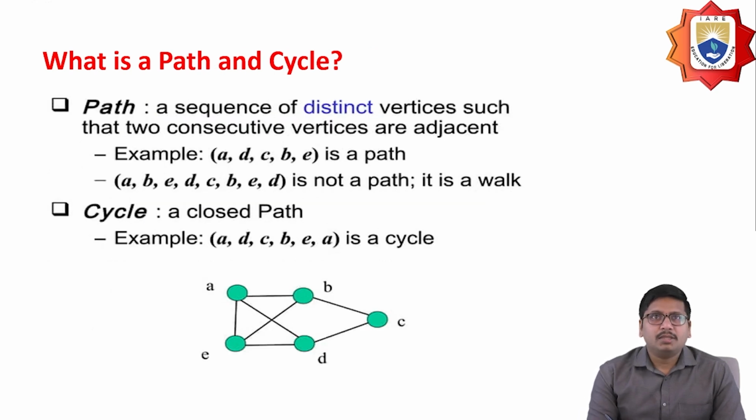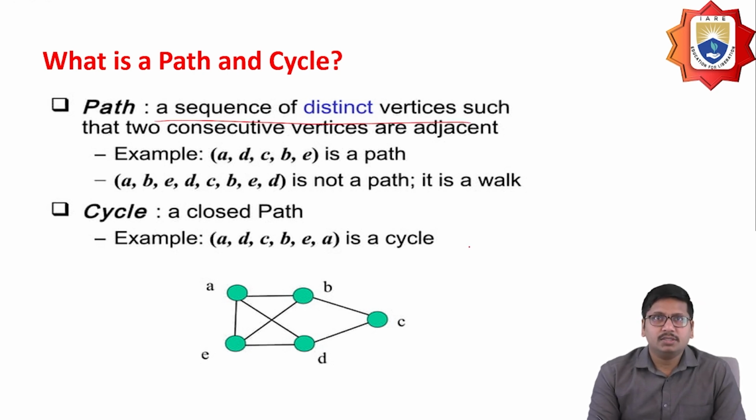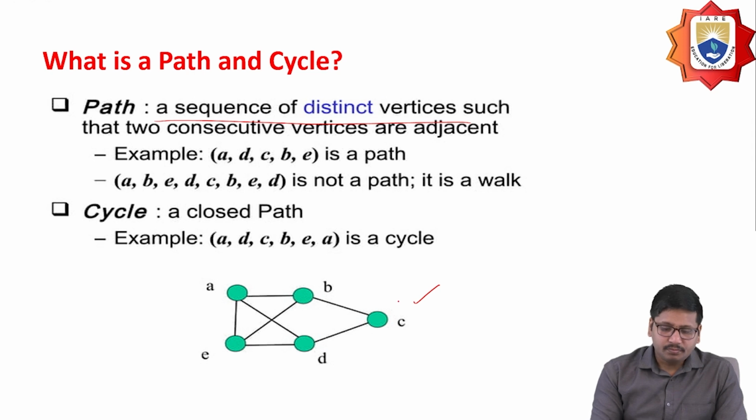And next one, what is a path and cycle? A path is a sequence of distinct vertices such that two consecutive vertices are adjacent. For example, if I have a graph like this, the path may be A to B, B to C, C to D, and D to E. This is the path.